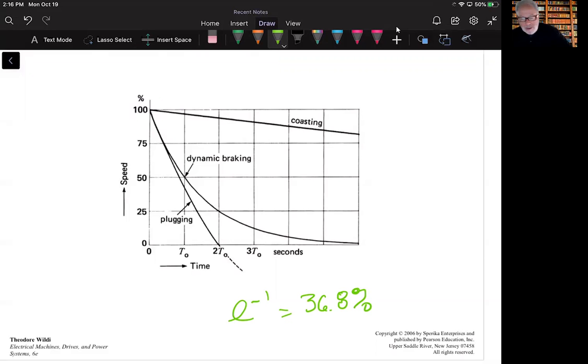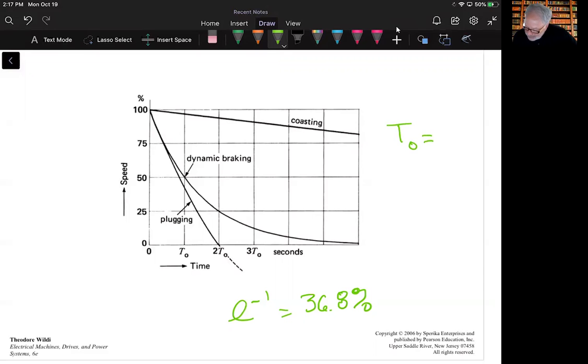Remember how we went through and said that after 5 time constants, it was either completely discharged or completely charged. But with machines, it's easier to define a different time constant, and we call it this.